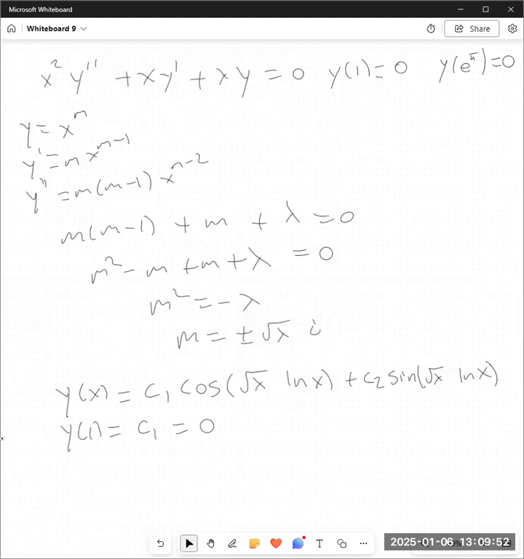C1 is 0. We have y of e to the pi. So all of this is gone. This is C2 sine of root lambda ln of e to the pi, which is just pi. And I'm going to let C2 be 1.